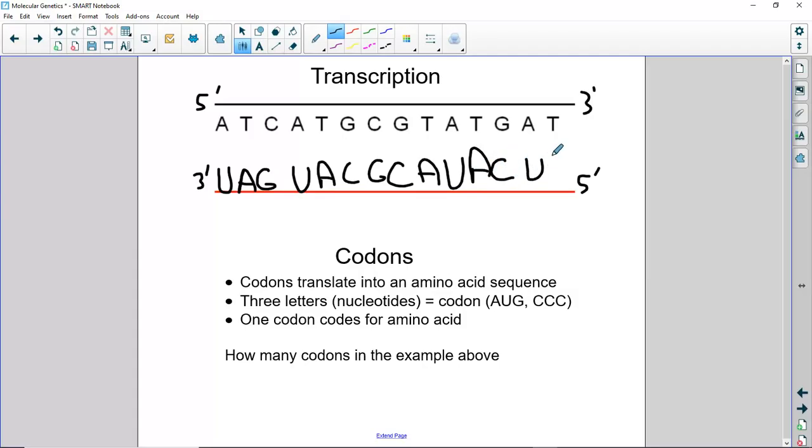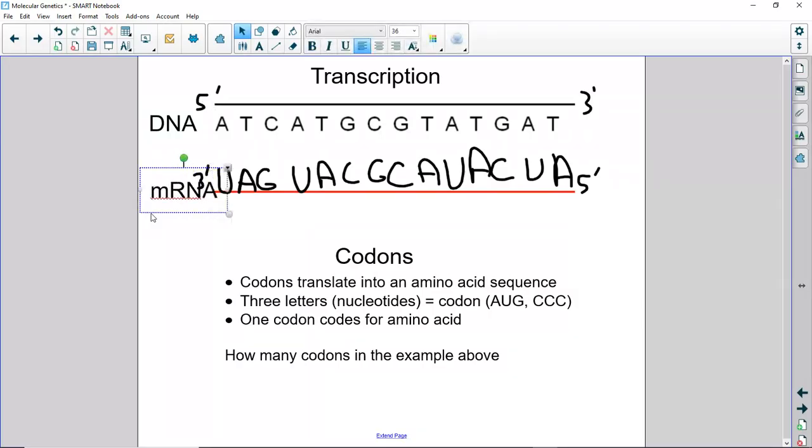And A. There is a strand of messenger RNA. So this is half a strand of DNA right here, and you have the messenger RNA.